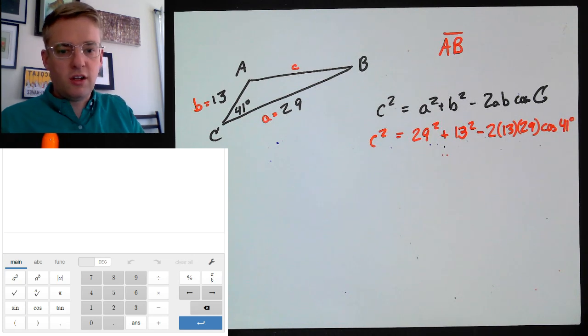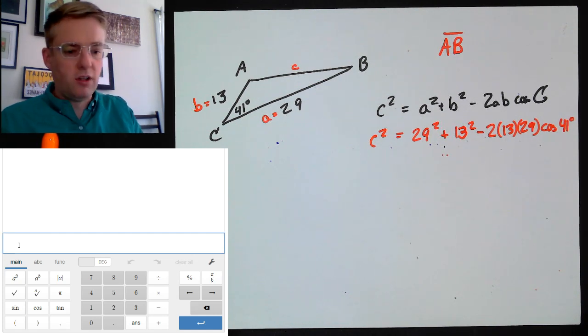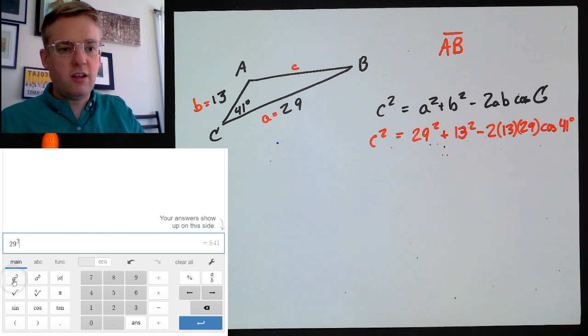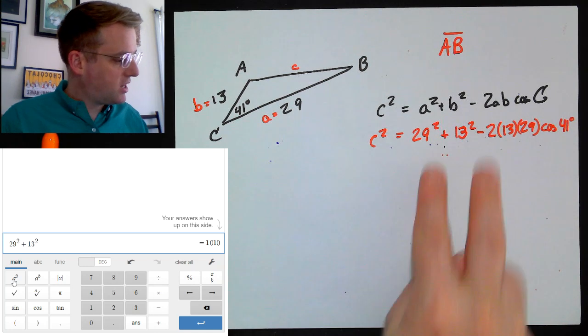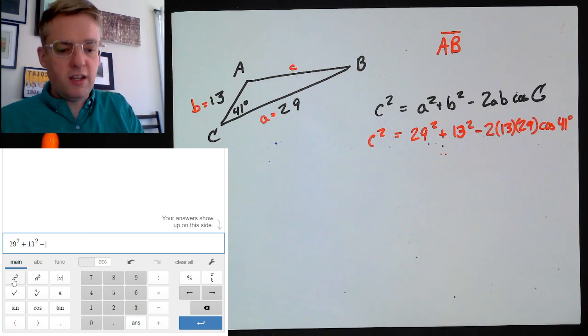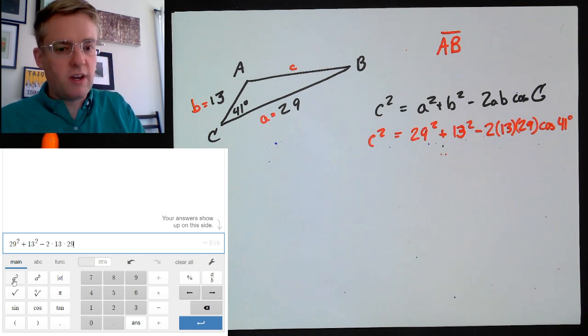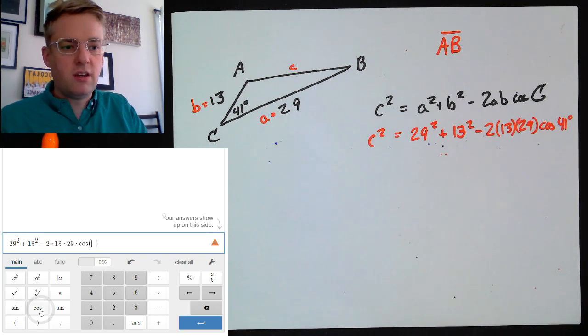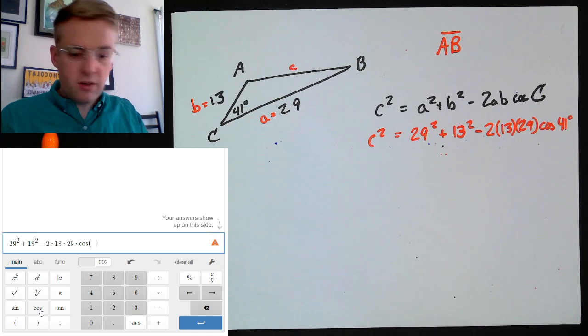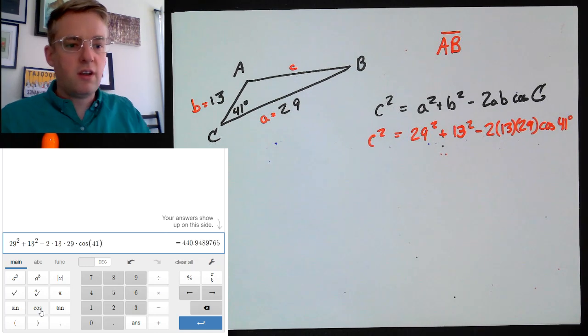You can key it in just like it is without too much trouble. 29 squared is apparently 841 plus 13 squared gives us a total of 1010 for our first two terms, minus 2 times 13 times 29 times the cosine, check that you're in degree mode, of 41 degrees.